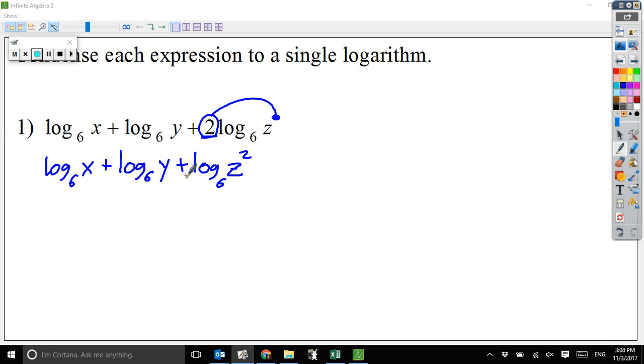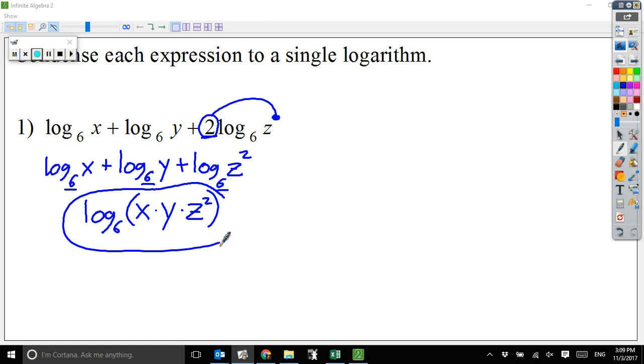We said a second ago I can combine logs into 1 if my bases are the same. All my bases are 6. And by adding, I can multiply everything. So x times y times z squared, and that would be my final answer.